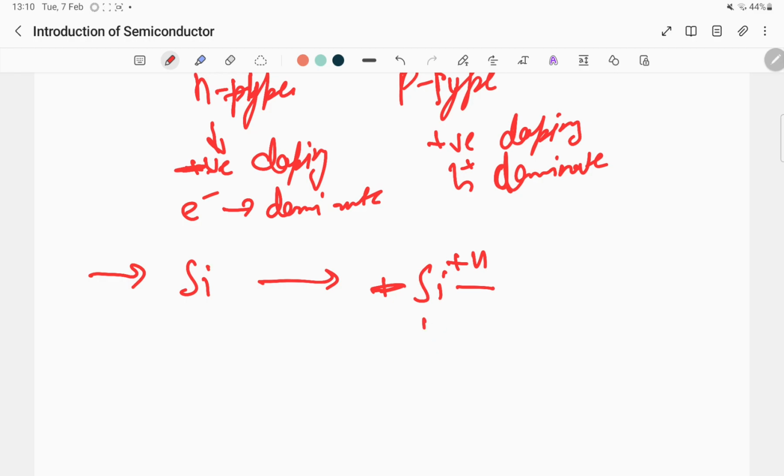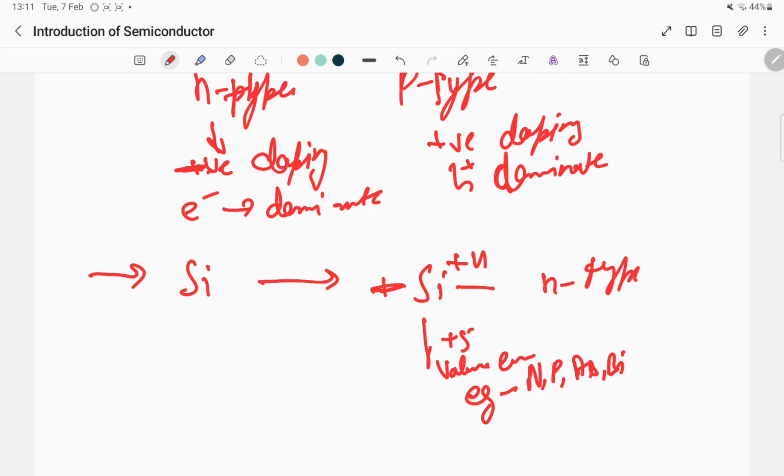When silicon is doped with a +5 valence element, like nitrogen, phosphorus, arsenic, bismuth, it will become N type, because of this extra electron.